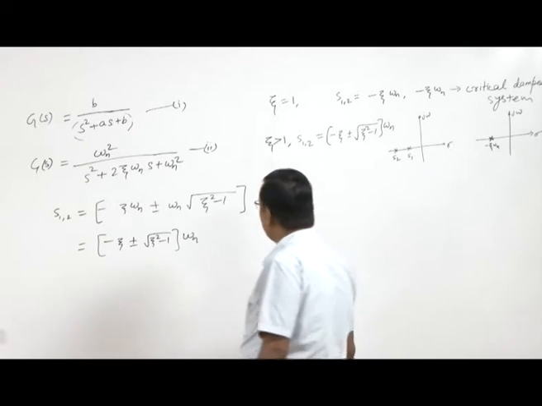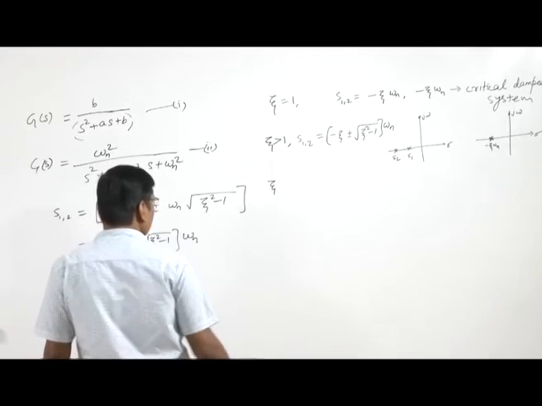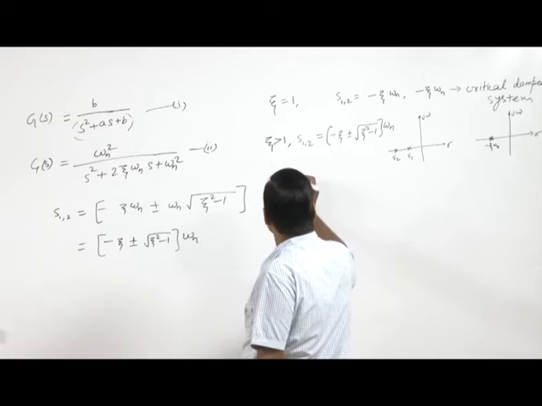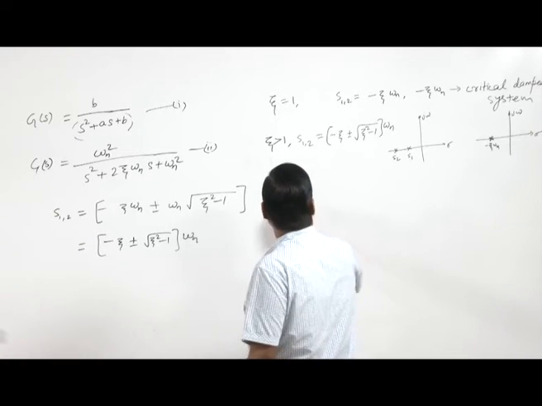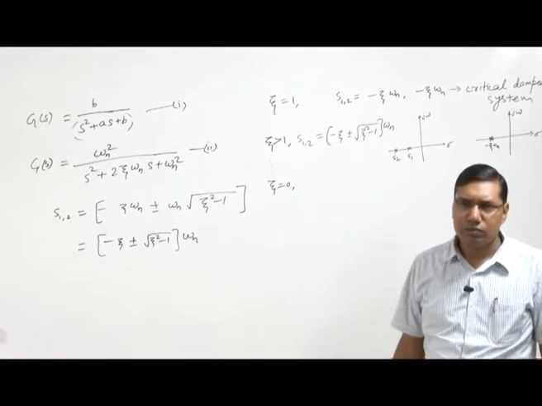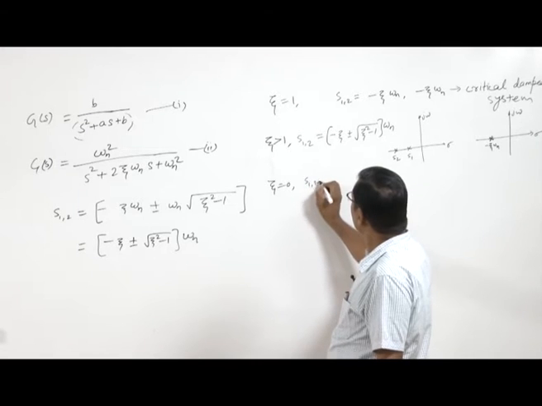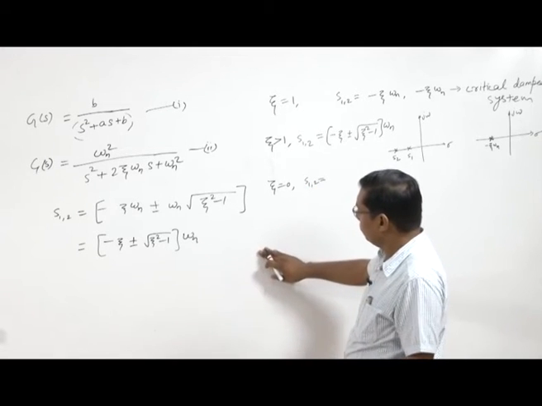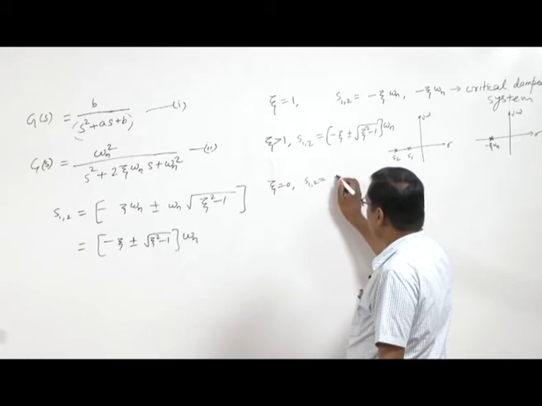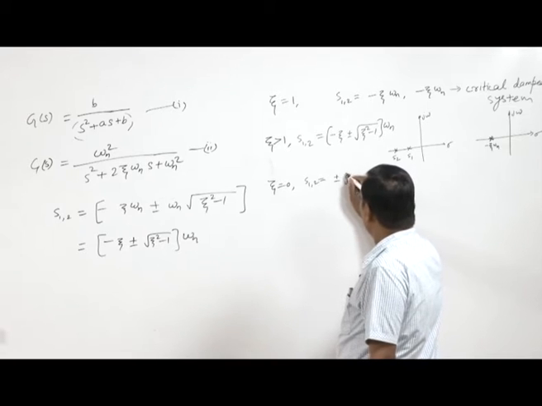Now the third case is when zeta is equal to 0. So when there is no damping, in this case we will have s1,2 equal to plus minus j omega n.